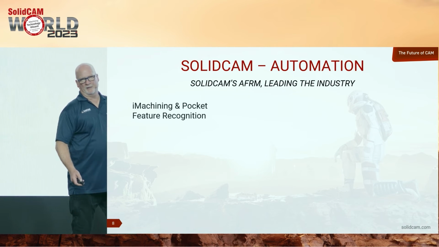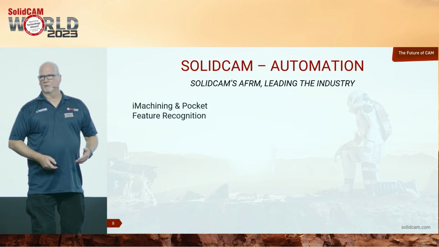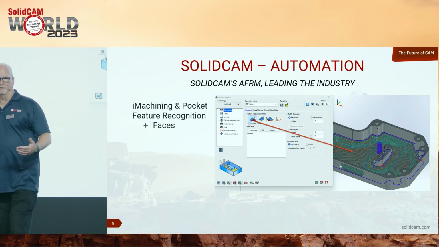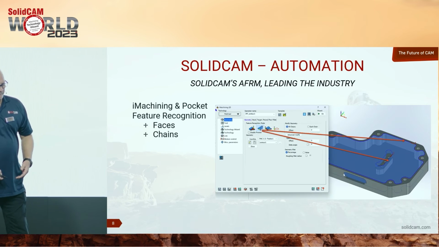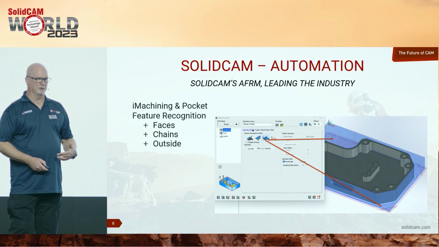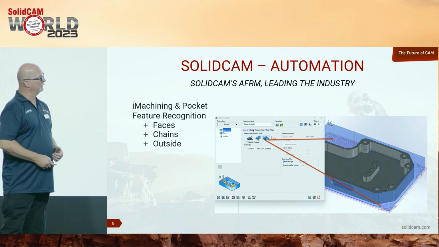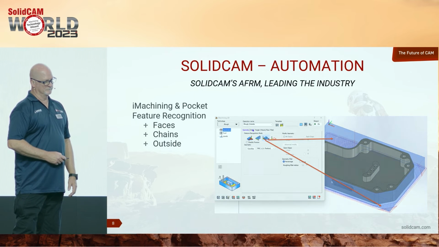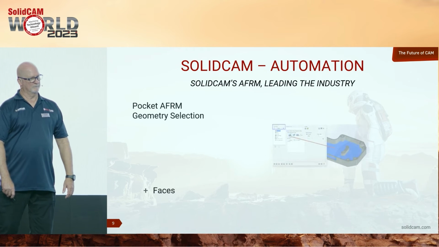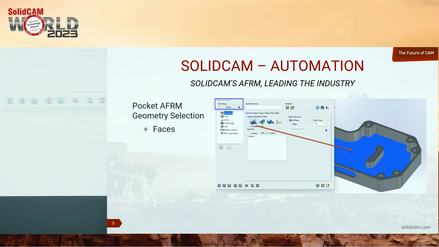Now we've had the feature recognition stuff in iMachining for a little while now, and we pick up the faces, you know, using the smart face for the pocket bottom, pick up the chains, we pick up the outside diameters and such, but we've also done something a little bit newer than that, haven't we? Yes, we've taken that information and all that feature recognition, and we've added that now to our regular pocket operation.